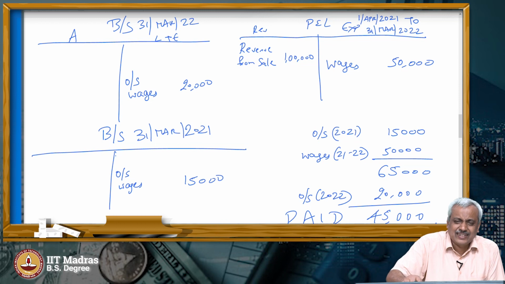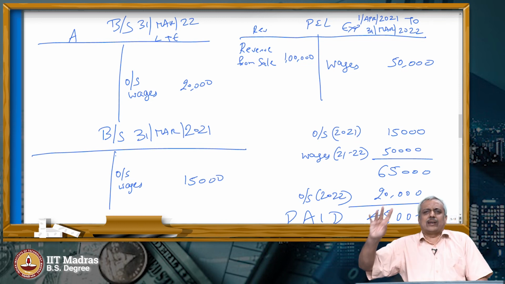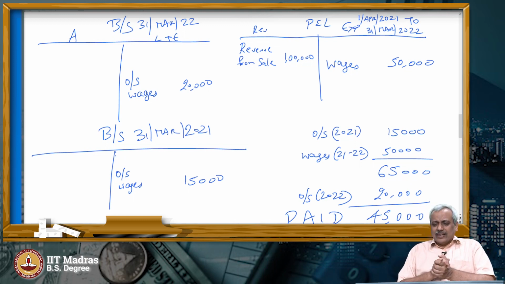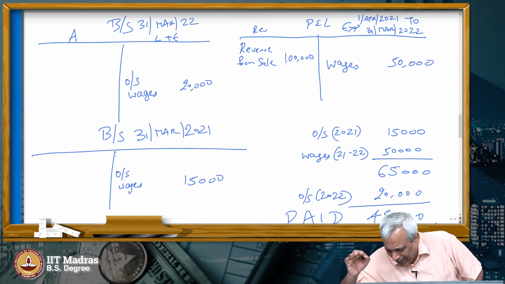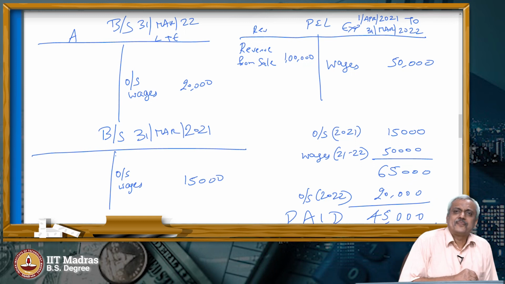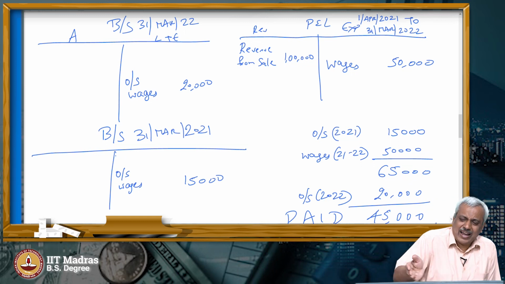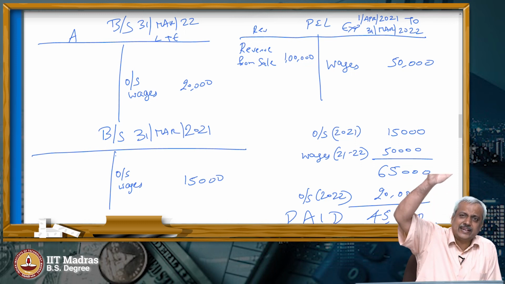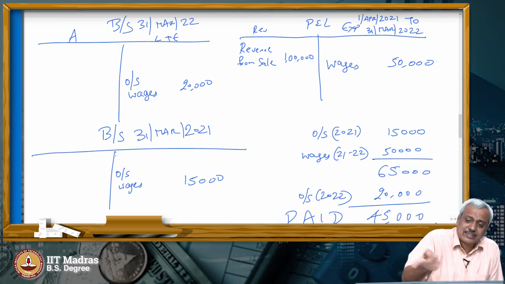If I have not received this 1 lakh cash, the revenue has accrued as per P and L 1 lakh. If I have received this 1 lakh, there will be no receivable in the asset side of the balance sheet as of 31st of March 2022.